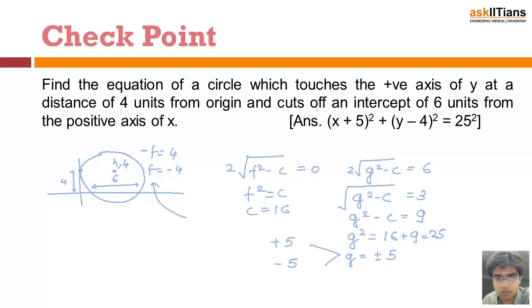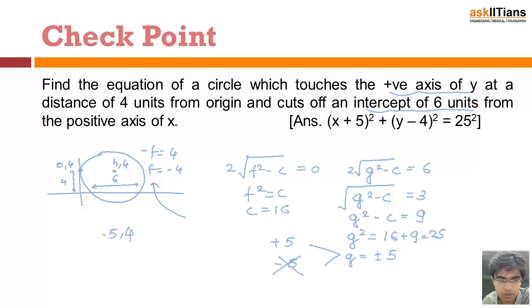But because our intercept on x-axis and y-axis is on the positive side, we have to neglect this minus 5 as an answer. So our center coordinate is 5, 4, and this point is 0, 4, because this point is on y-axis, so its x coordinate is 0.